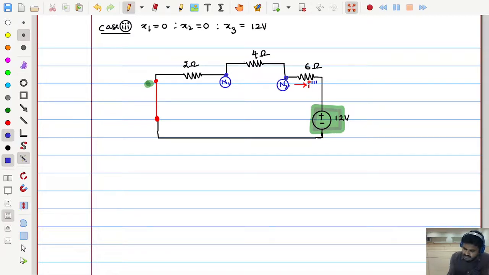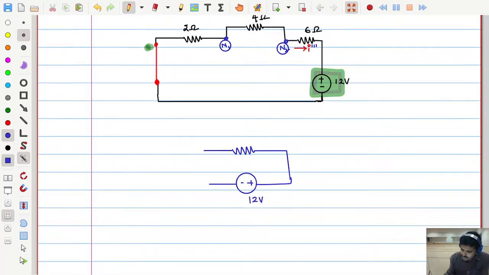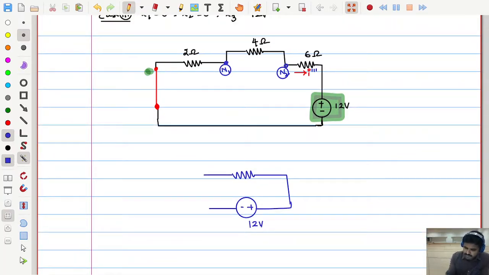That means 2 and 4 are in series and 4 and 6 are also in series. So the total resistance is how much? Let me write that resistance over here and put this voltage source across it, this side plus, other side minus, which is 12 volts. How much is this resistance? It is 2 plus 4 plus 6, that is 12 ohms.